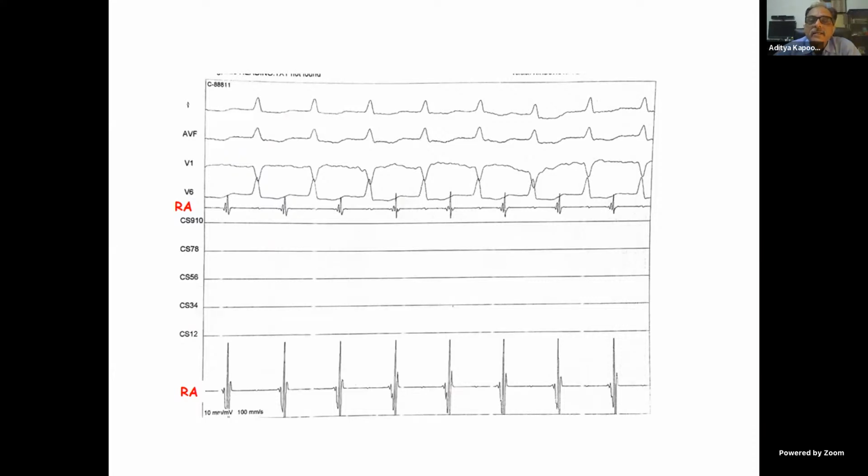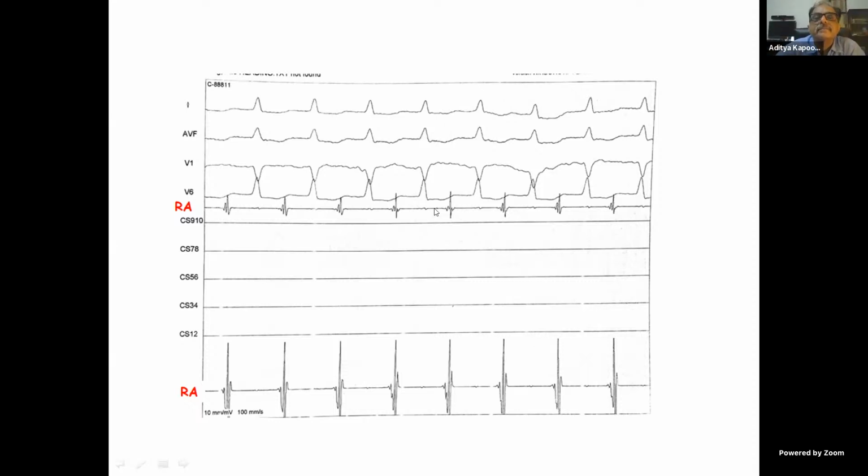Now, can you tell me this? They put in the catheters and suddenly the tachycardia gets induced, okay? This catheter is in the right atrium. So do you think it's AVNRT? Is it V on A tachycardia?